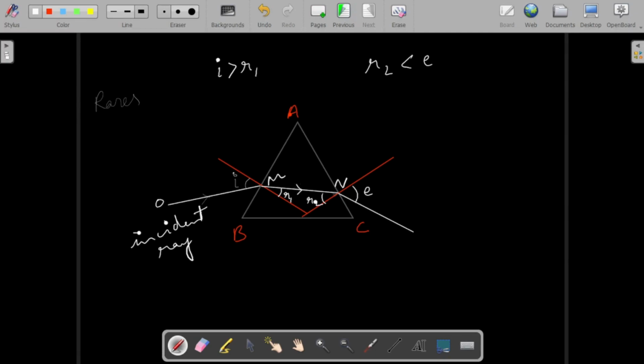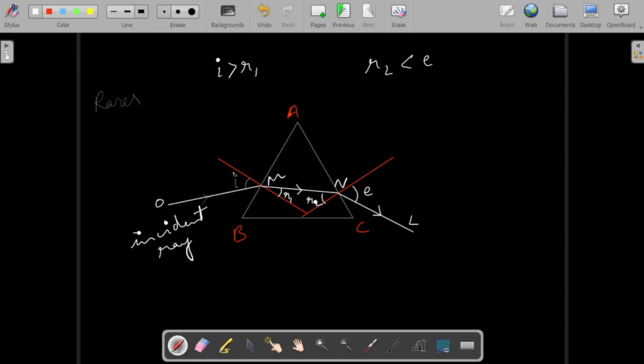Following this MN path, when it is getting out of the prism, it follows the NL path. So in totality, the ray of light has bent two times, first at point M and second at point N. This is how the refraction in a prism goes.